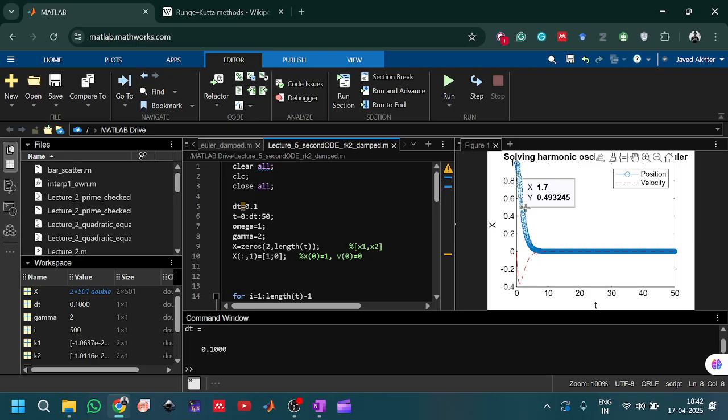This is a starting point, so you know how to solve a differential equation using the Euler method and the RK2 method. You can take a differential equation of any order, and take the initial condition to be anything. Here the frequency you can change, and you can play around with parameters.